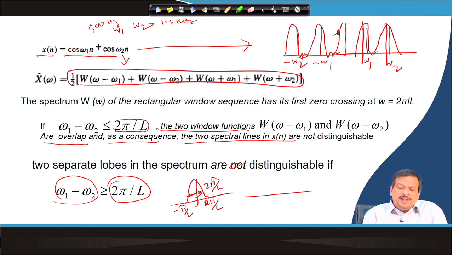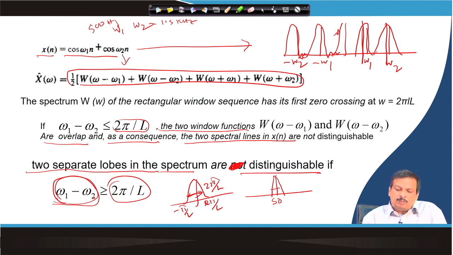So, if it is this, there will be no overlap. So, two separate lobes in the spectrum are distinguishable if the difference between the two frequencies is greater than 2 pi by L. So, suppose I have a component here, let us say 50 hertz, and let us say the bandwidth in terms of hertz is 30 hertz.